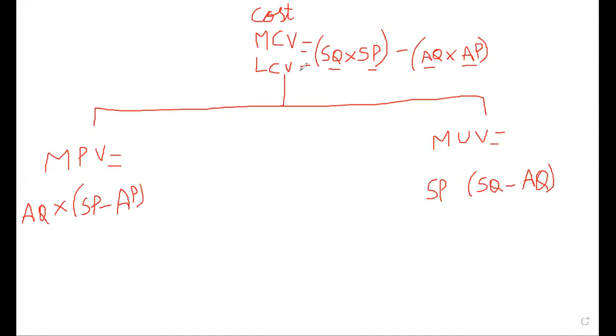So what is used? Time or hours are used. So we have it as standard time into standard price. We call it as standard time or standard hours or whatever it is. Basically, it indicates the time. Standard time into standard price, then minus actual time into actual price.